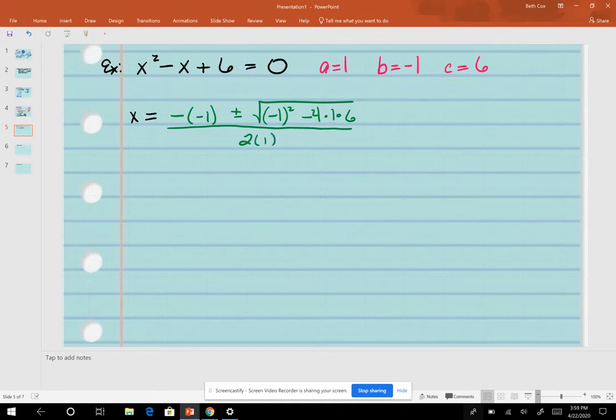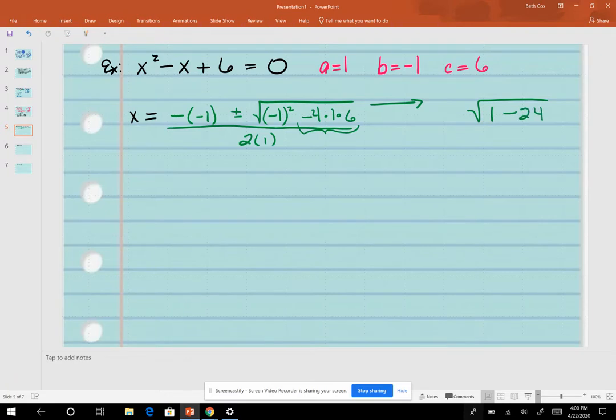Okay, so now we're going to come to our scratch and do our radical. We're going to simplify this. We're going to start with the radical, just the radical. I'm going to take it out, simplify it, and bring it back. So -1 squared is 1. -1 times -1 is 1. And then I've got a minus 24.